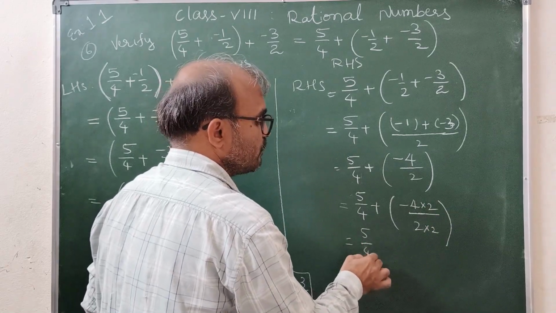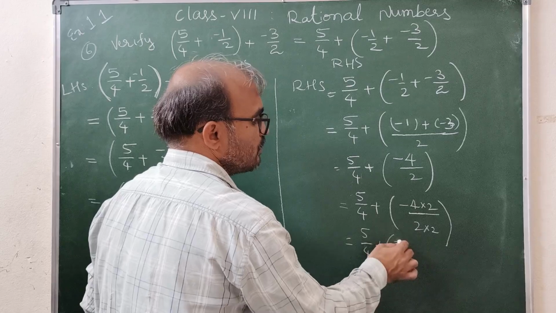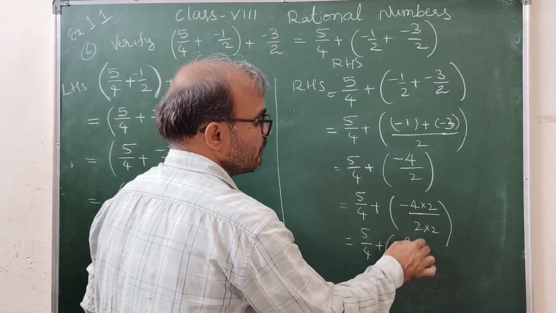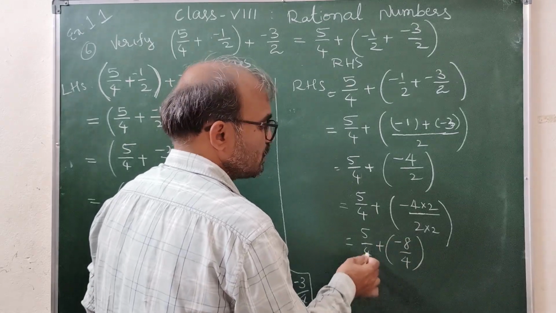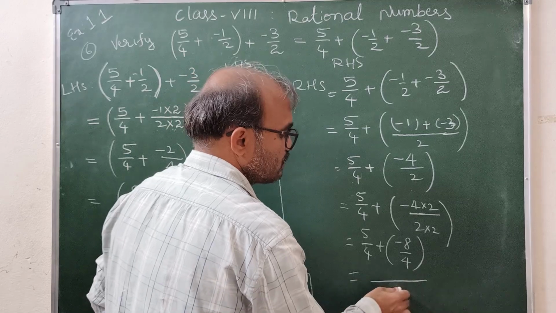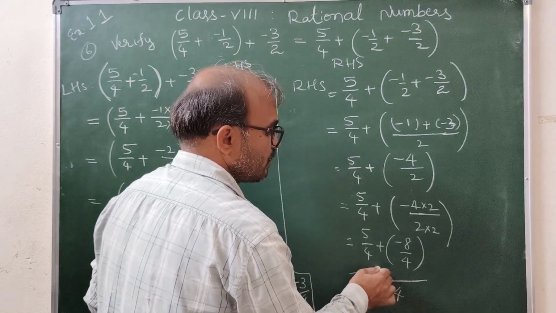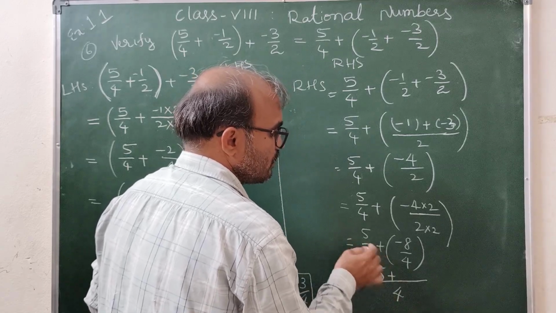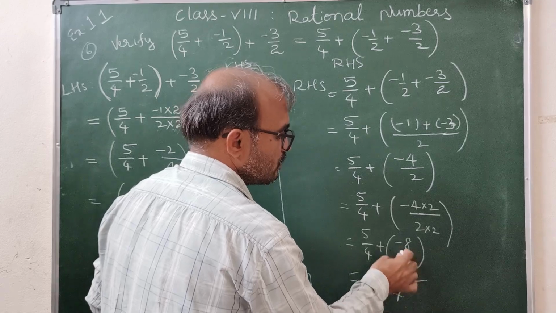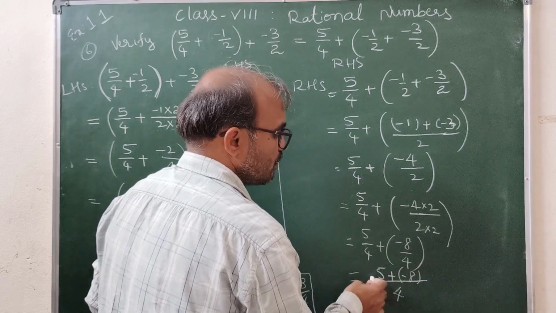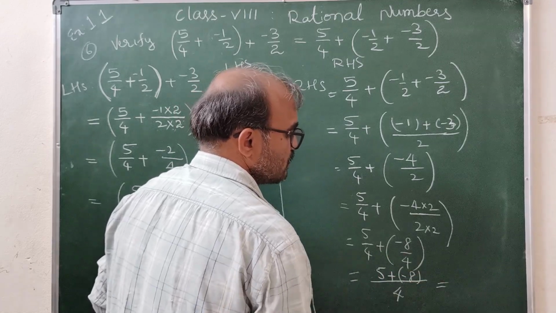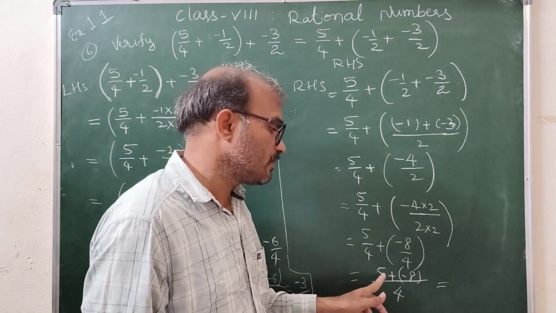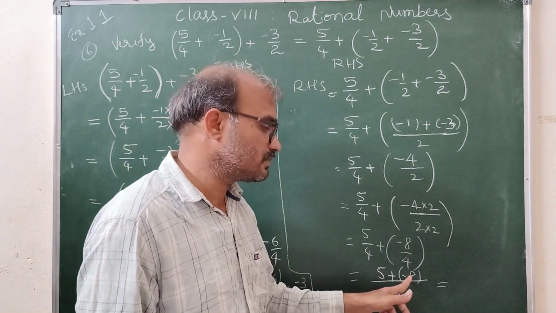So it is 5 by 4 plus minus 8 by 4, right? Now the denominators are the same. Add the numerators. This is plus 5, this is minus 8. Plus 5 minus 8 is, you have 5 rupees and a borrow of 8 rupees.